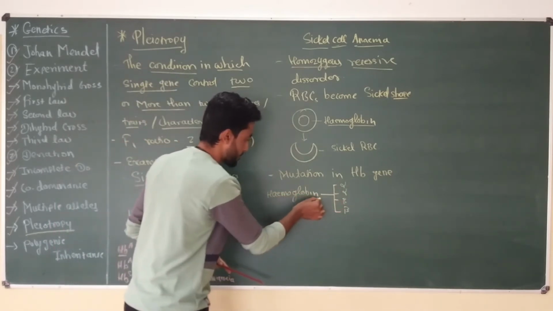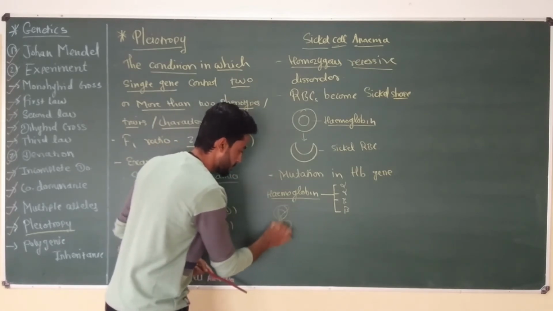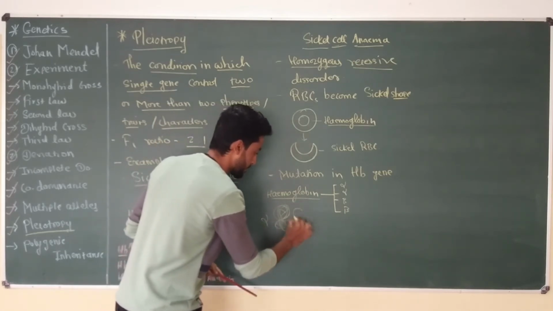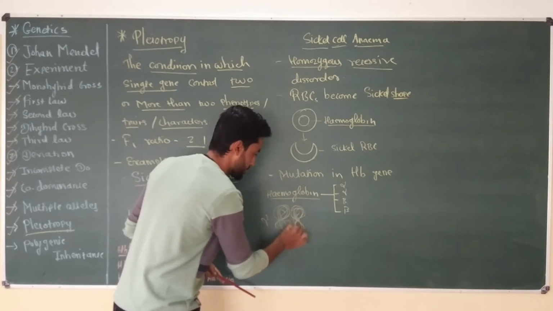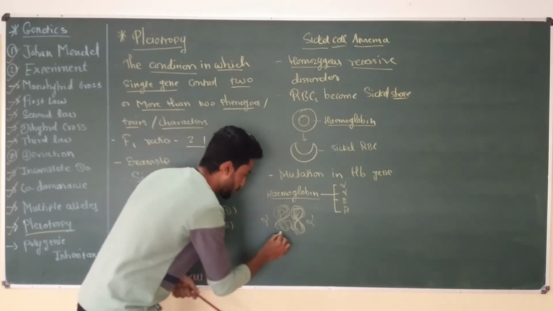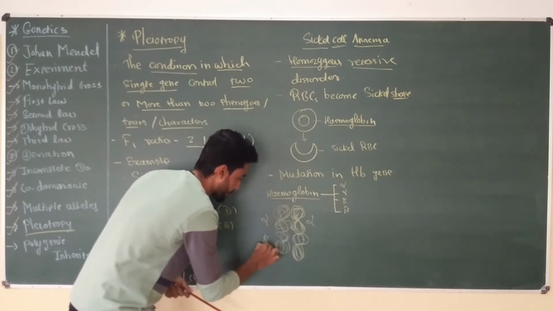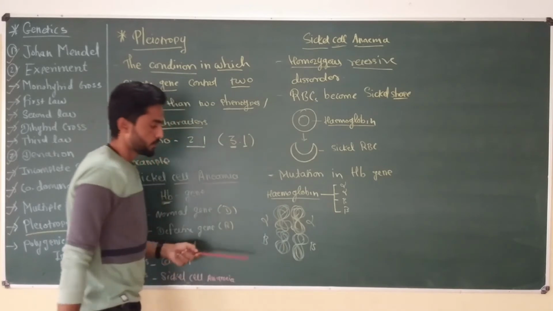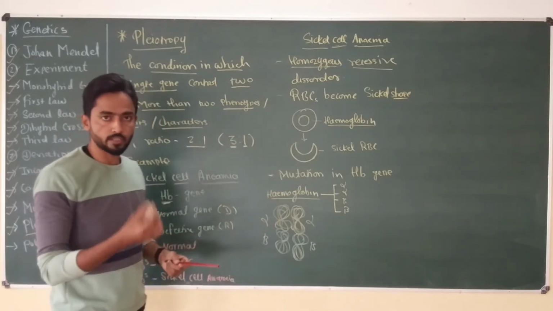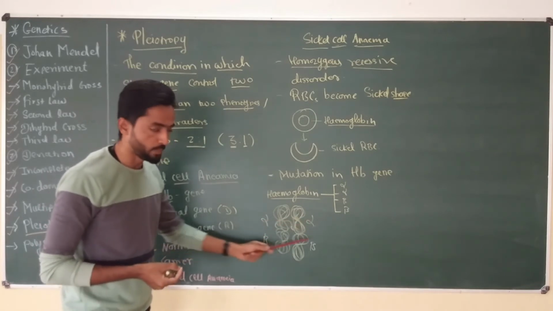If we draw the structure of the hemoglobin, suppose this is the first alpha chain connected with the second alpha chain, and now at the bottom you can find 2 beta chains. So hemoglobins are generally present in quaternary structure form, which contains 2 alpha and 2 beta chains.